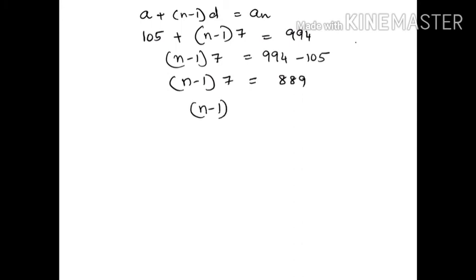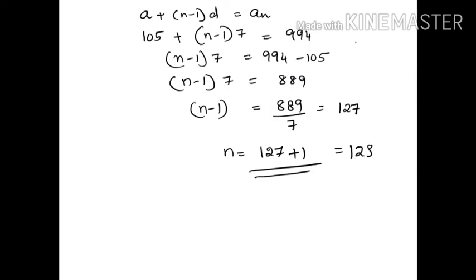N minus 1 is equal to 889 divided by 7, which is equal to 127. So n is equal to 127 plus 1, which is equal to 128. So there are going to be 128 terms in this AP that has 3-digit numbers which are divisible by 7.